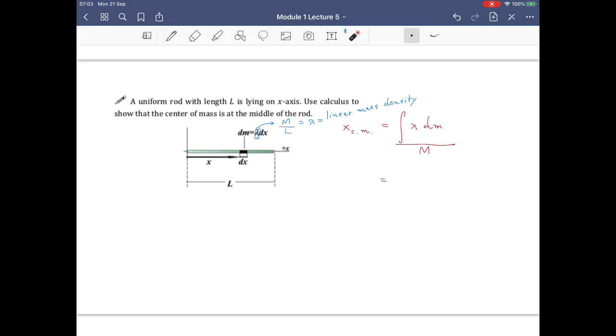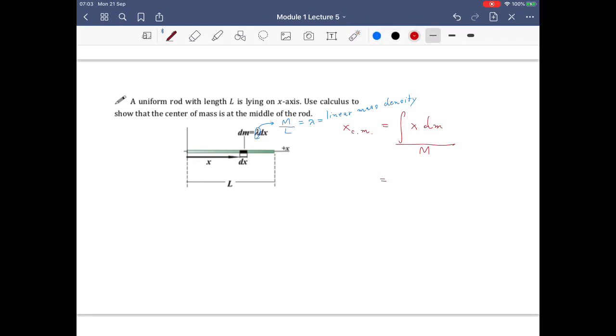One more time: if you consider this small piece of the rod which has length dx, and you ask what is the mass of this small piece, you can find that it has the mass dm, and that dm must be equal to the density lambda multiplied with dx, the small length of the rod.